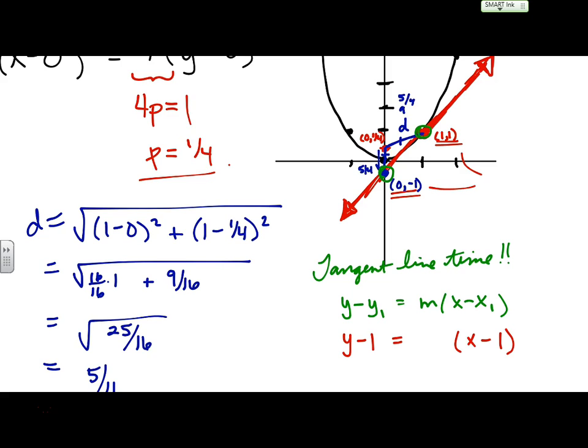Let's take them off to the side and say, hey, we can do the impossible: find the slope of the tangent line, 0 over 0, by doing y2 minus y1 all over x2 minus x1. Am I going the right way? Negative 1 minus 1. Yeah. I end up with negative 2 over negative 1, which is positive 2. Does that make sense in the sense of being positive? Yeah. So let's plug them in.